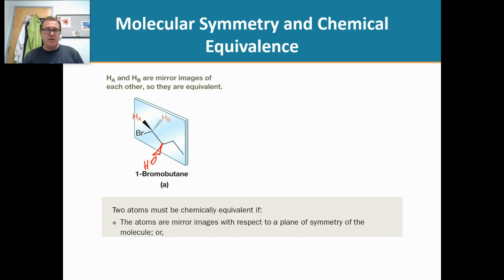Now, do you see how there's no plane of symmetry anymore? Because this side of the plane has a hydrogen and an OH, whereas this side of the plane only has the hydrogen. So each half is not identical. So because each side is not identical, we can say that these two hydrogens are not equivalent, that they're diastereotopic.